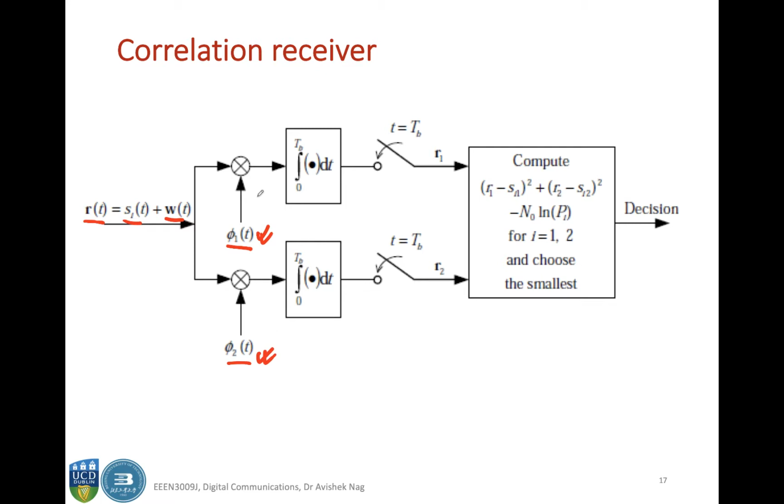So if you correlate r(t) with phi 1(t) and then integrate from 0 to T_B, what you get here on the upper arm is the integral from 0 to T_B of r(t) times phi 1(t) dt, and this is nothing but your r1. This is the first component of your received signal.